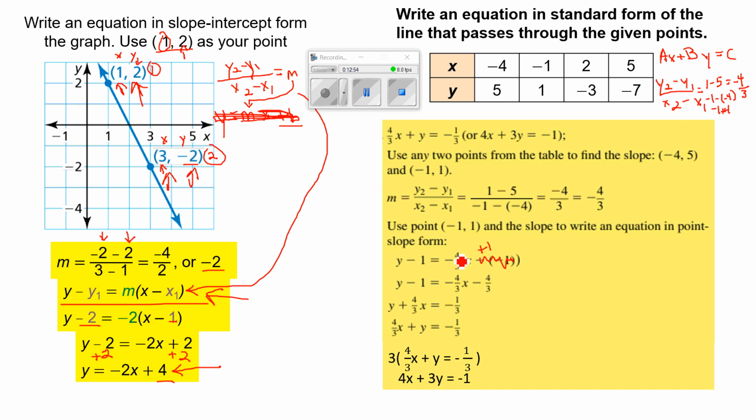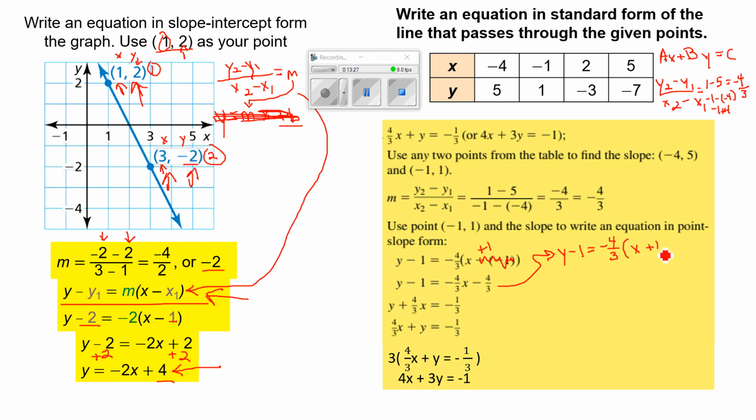And now we have negative 4 over 3 times x. That's where they get negative 4 over 3 times x. And then they get negative 4 over 3 times 1, which gives us negative 4 over 3. Now I'm going to take the work and bring it over here because we're missing some work. I'm going to bring this y minus 1 equals negative 4 over 3 times x plus 1.